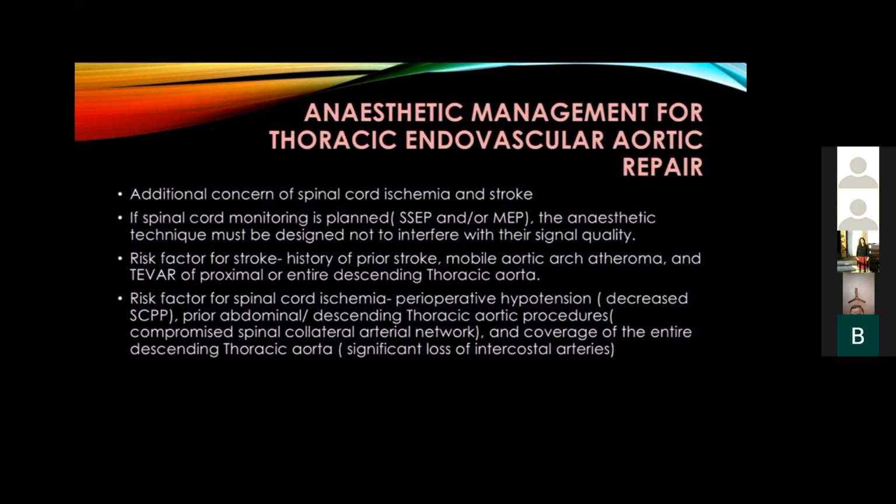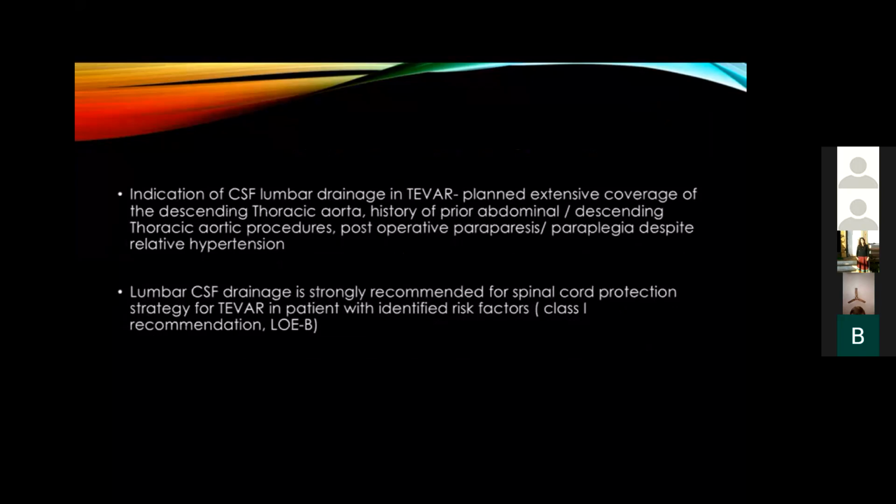Risk factors for spinal cord ischemia: perioperative hypotension, prior abdominal or descending thoracic aortic procedures, a compromised spinal collateral arterial network, and coverage of the entire descending thoracic aorta, which means significant loss of intercostal arteries. Indications for lumbar CSF drainage in TEVAR are planned extensive coverage of the descending thoracic aorta, history of prior abdominal or descending thoracic aortic procedures, and postoperative paraparesis or paraplegia despite relative hypertension. Lumbar CSF drainage is strongly recommended for spinal cord protection in TEVAR in patients with identified risk factors. That is a class 1 indication.